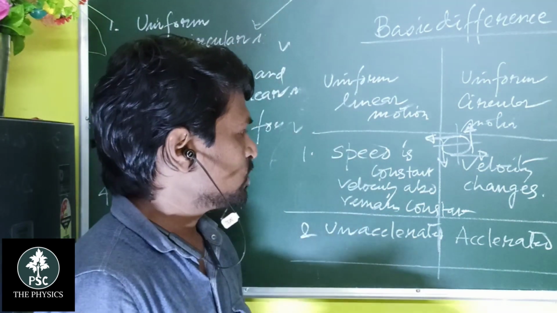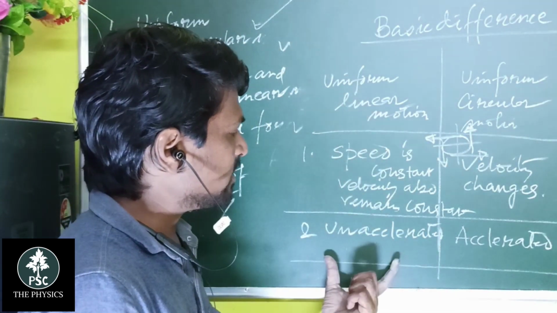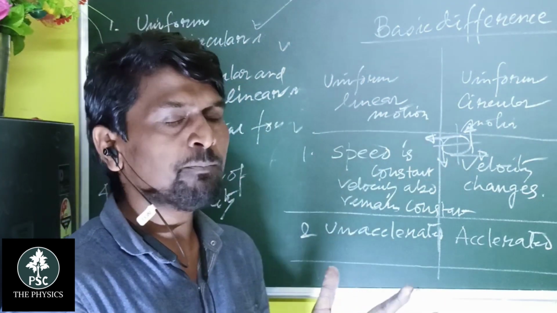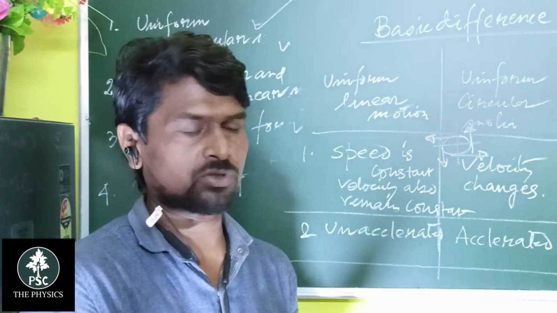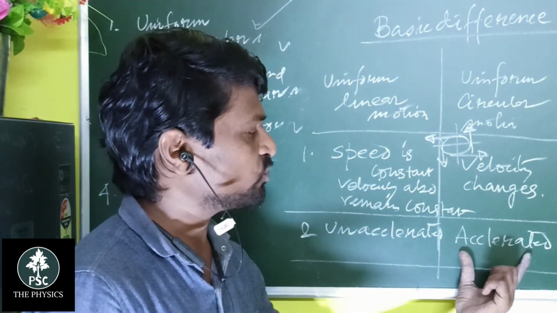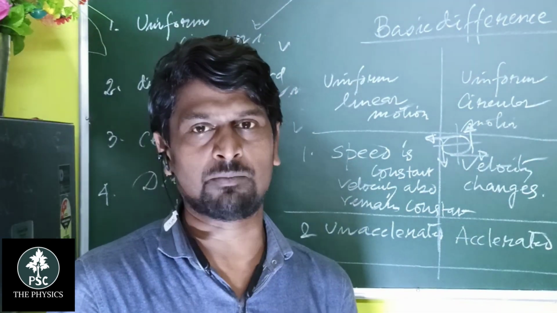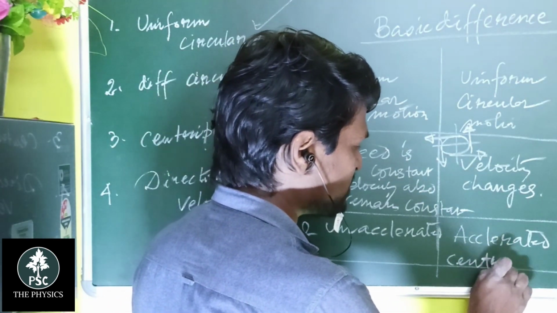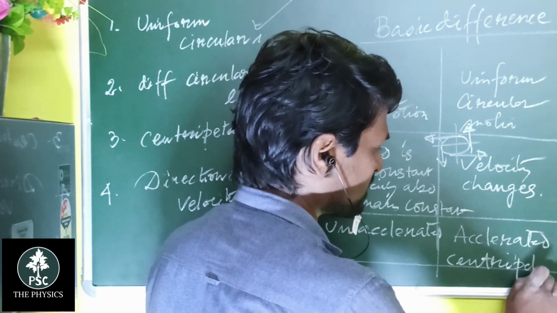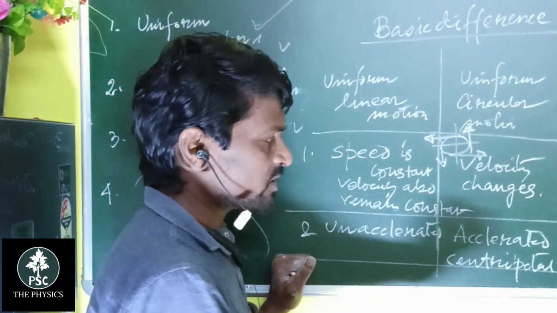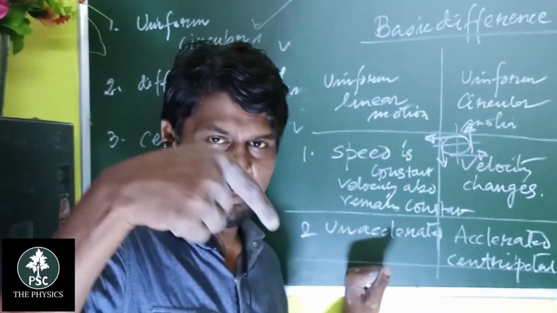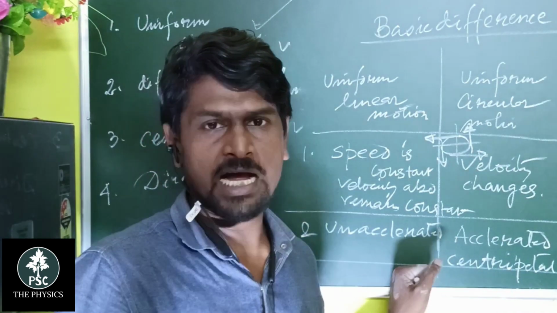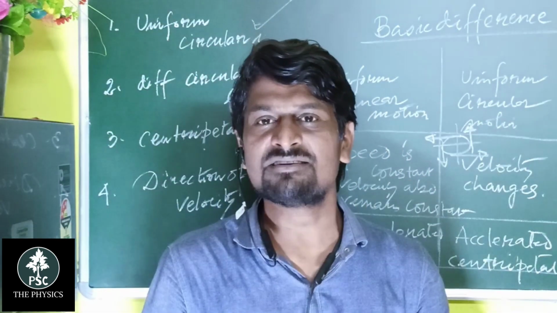Okay. The force associated with linear motion, we can simply say a force. But in this type of motion, the related force has a specific name. This is centripetal force. Why is it centripetal, students? Because it is always directed at the center. Earth revolves around the sun; this is also central in nature.